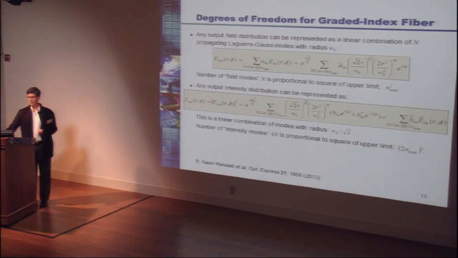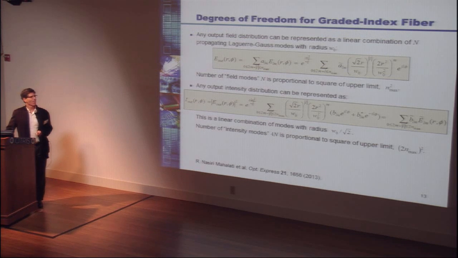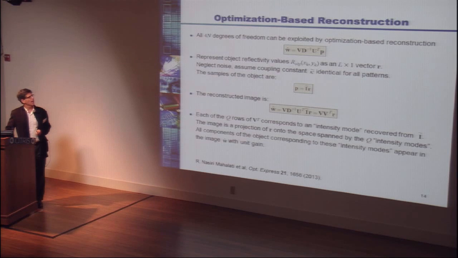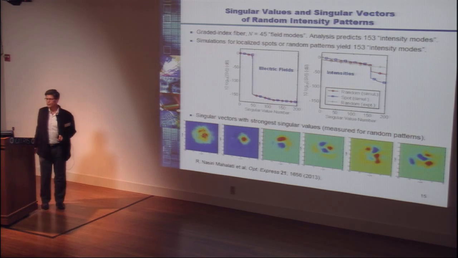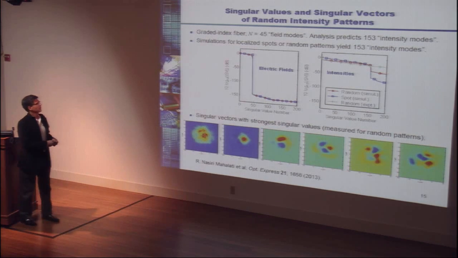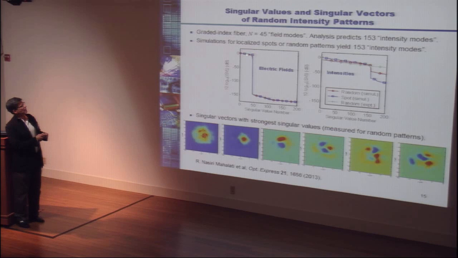Okay, so they're bringing out the big guns, 1 minute left. Anyway, I'm going to just skip this slide, but I want to show you the singular values here. If you take an ensemble of electric field patterns and sample them for our fiber, you'll have 45 non-zero singular values.